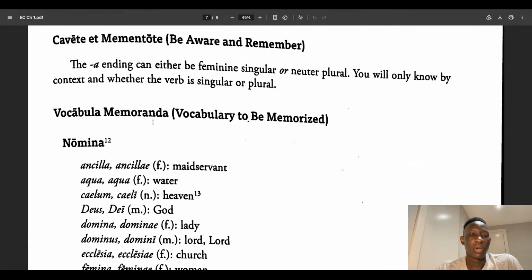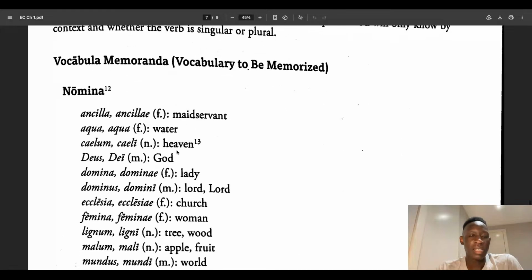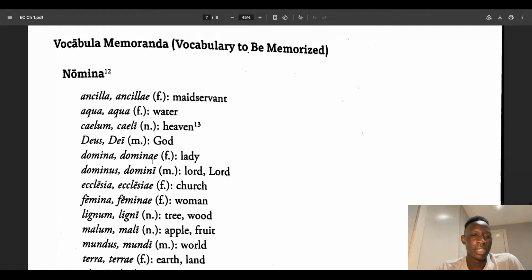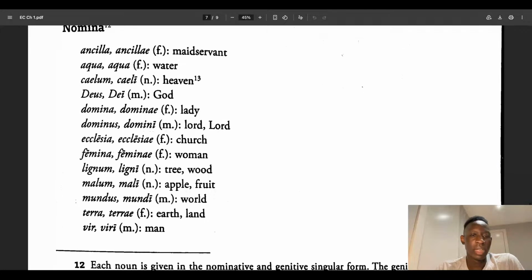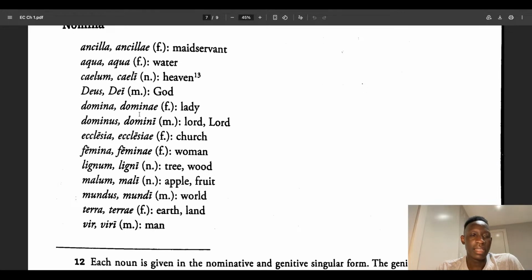Vocabula memoranda, vocabulary to be memorized. Nomina: ancilla, ancillae, maidservant. Aqua, aquae, water. Caelum, caeli, heaven. Deus, dei, God. Domina, dominae, lady. Dominus, domini, Lord. I see this difference here.